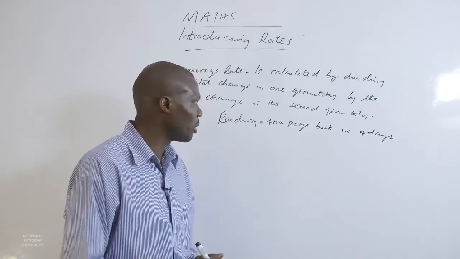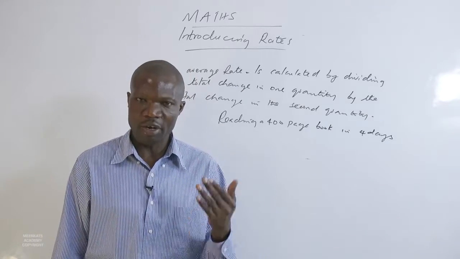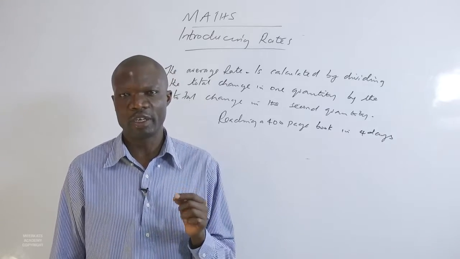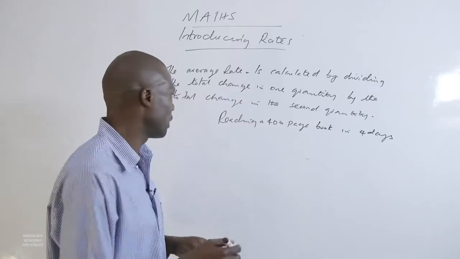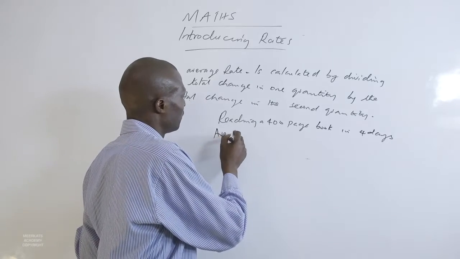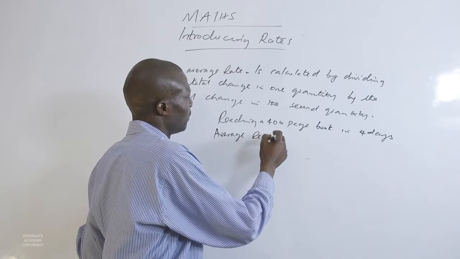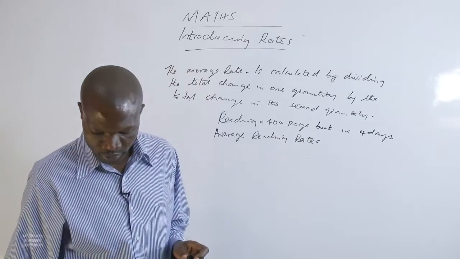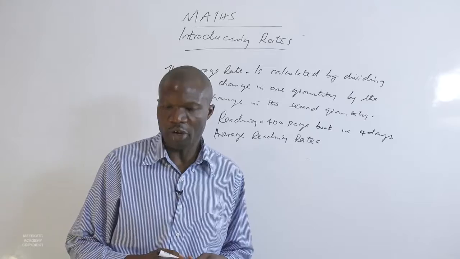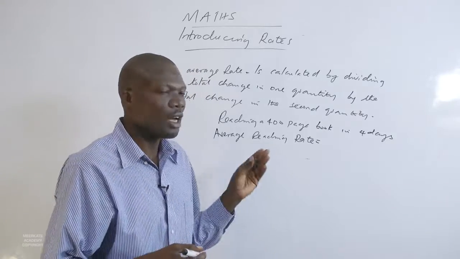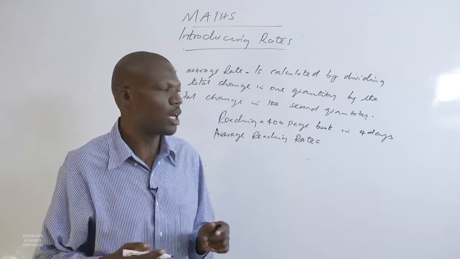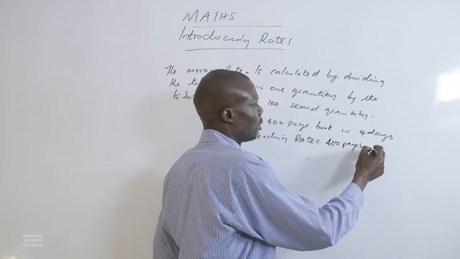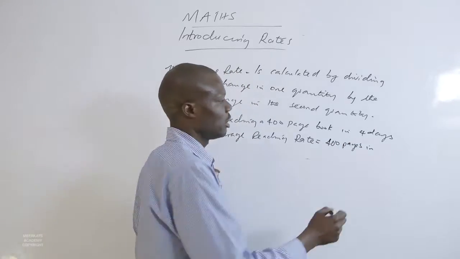The question that is coming here is, we are to find the average reading rate. And the average reading rate will be found as follows. How many pages does the book have? It is 400 pages. And it is read in how many days? In 4 days.